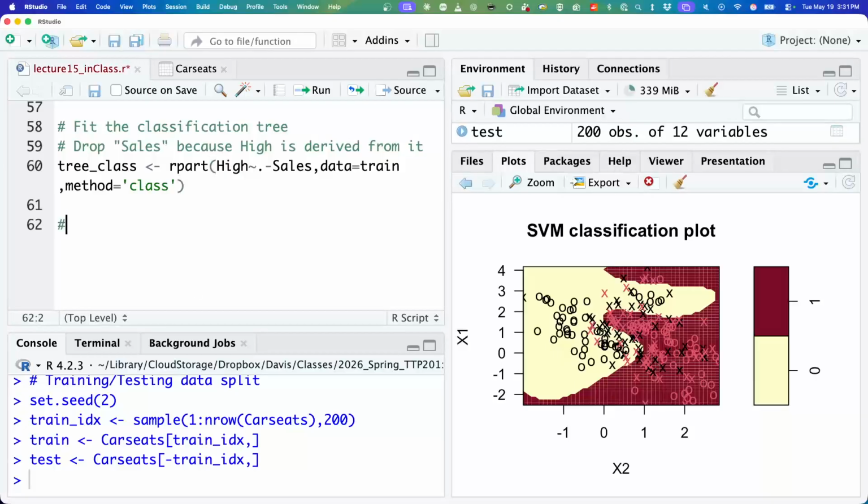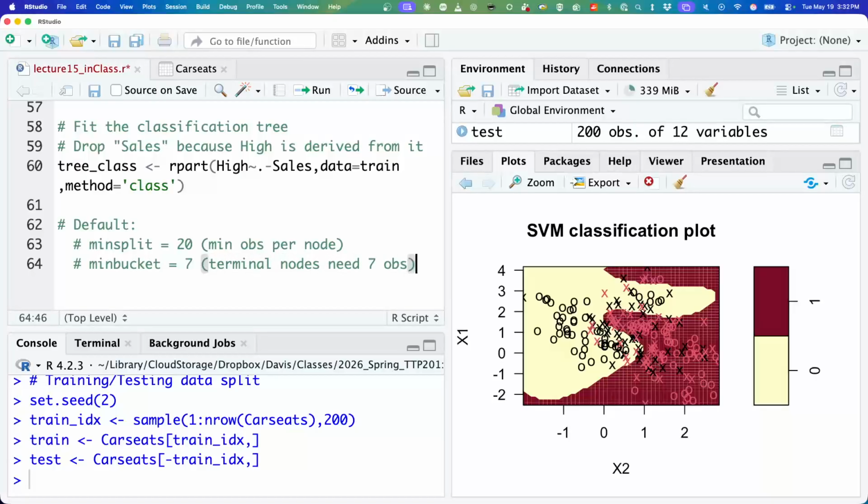So I was mentioning the pre-pruning rules just to give everyone a sense of what that is. So the default, these are, min split, I believe, is 20, so minimum observations per node for the root and the intermediate nodes. Min bucket is 7, so terminal nodes need 7 observations, I believe.